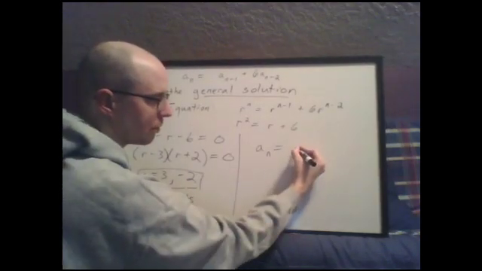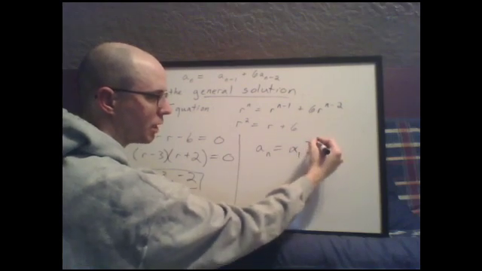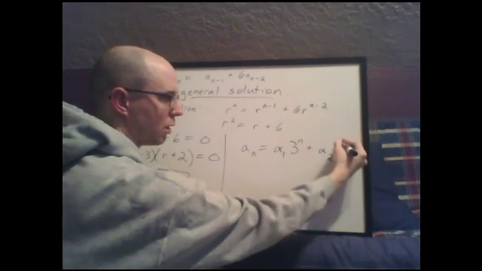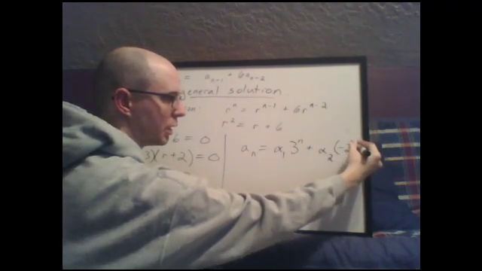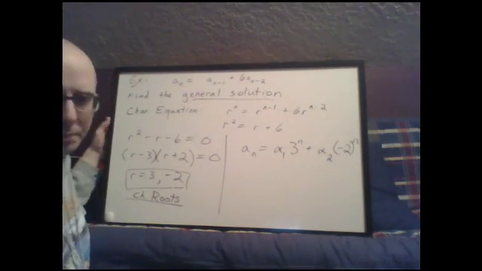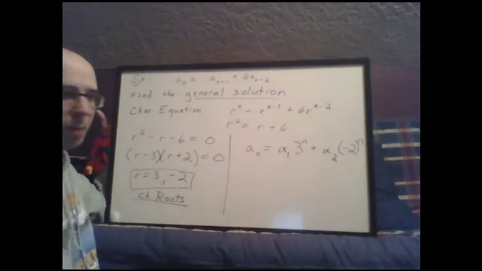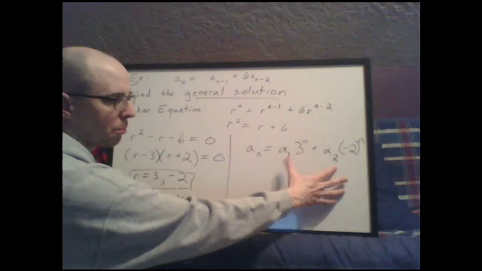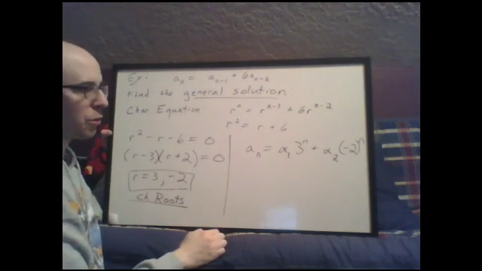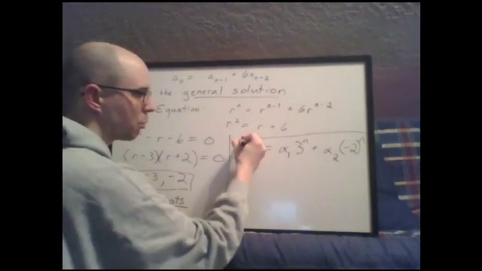So it'll have the form alpha 1 times 3 to the n plus alpha 2 times negative 2 to the n. All right. So alpha 1 and alpha 2 are any numbers. Any numbers I could pick for these would give me a solution to this recurrence. So the general solution is exactly what I've written here. Anything of this form works.